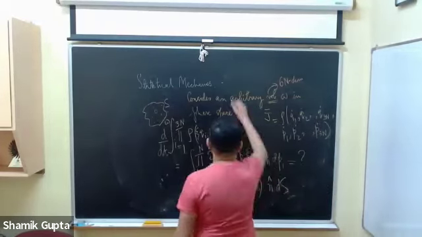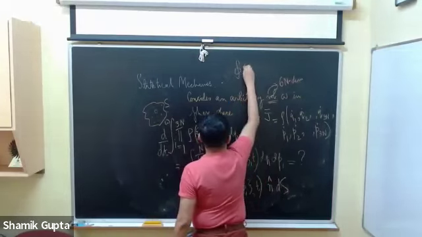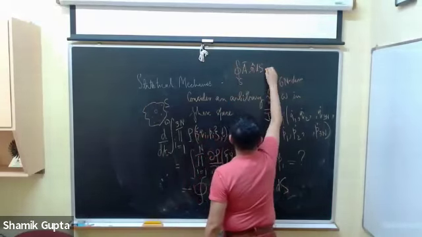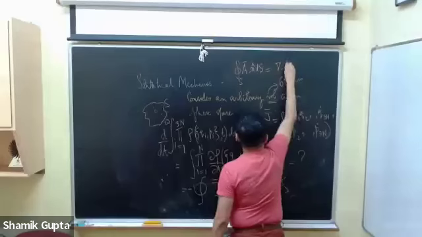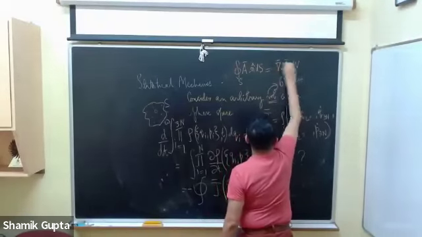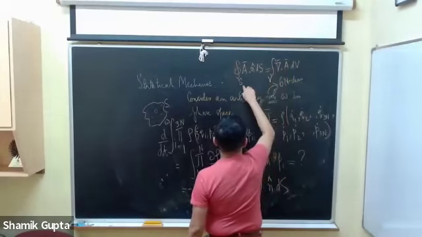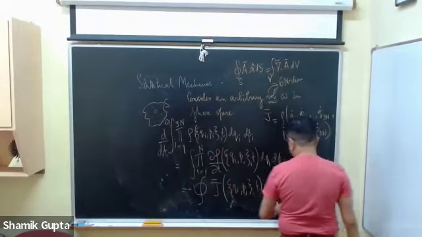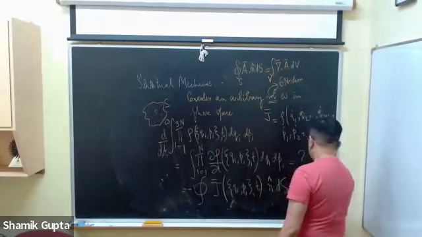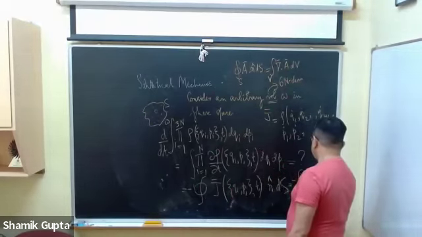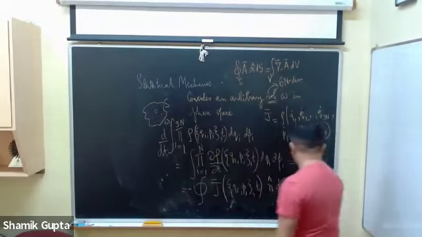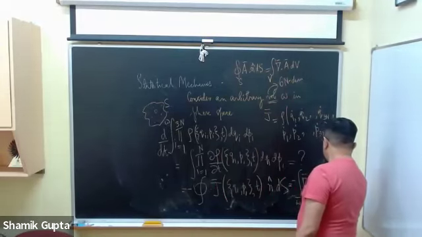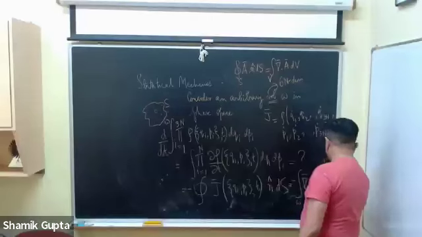What the divergence theorem tells me is that if I have a vector field A, then the surface integral of A dot dS is nothing but the integral of the divergence of A dV over the volume which is enclosed by the surface S. So I can convert this surface integral into a volume integral and write this as minus the integral over the volume omega of the divergence of J d omega.